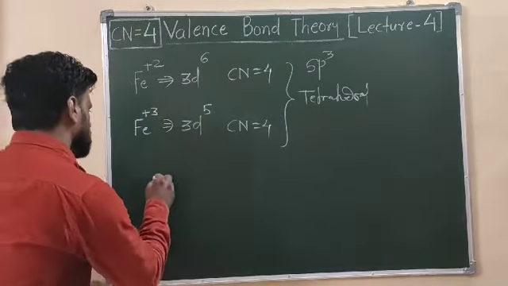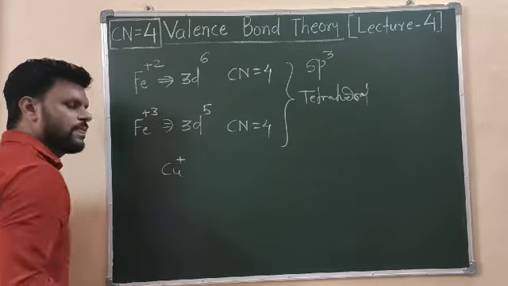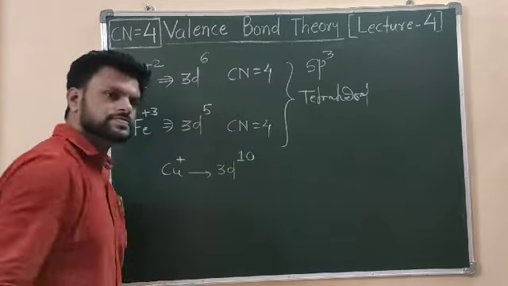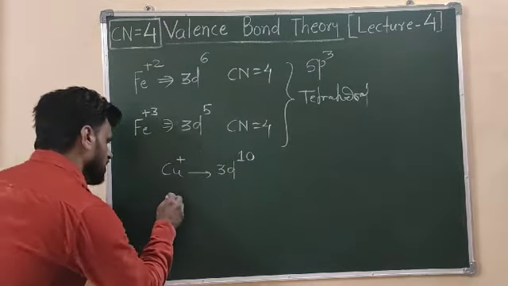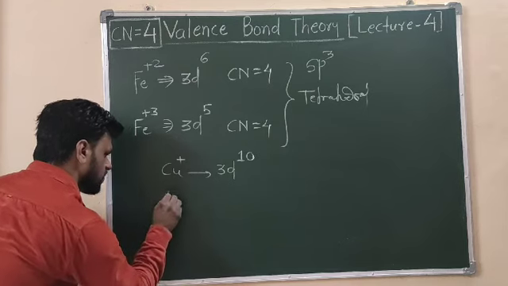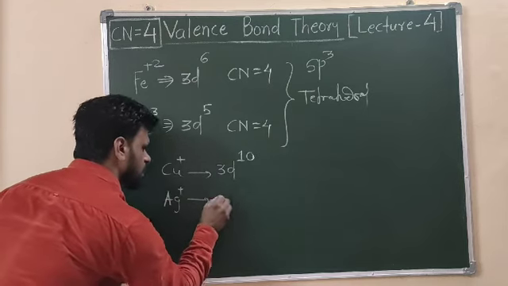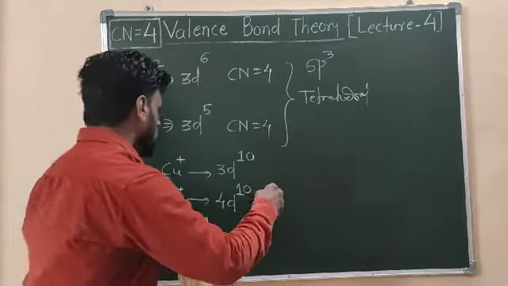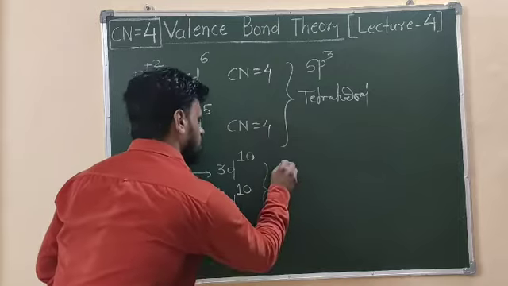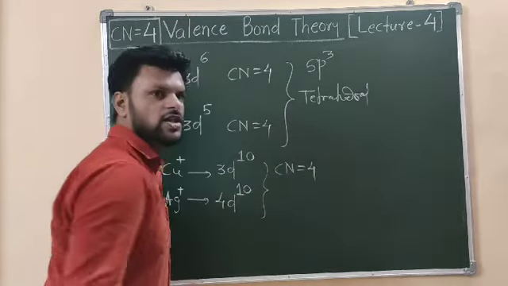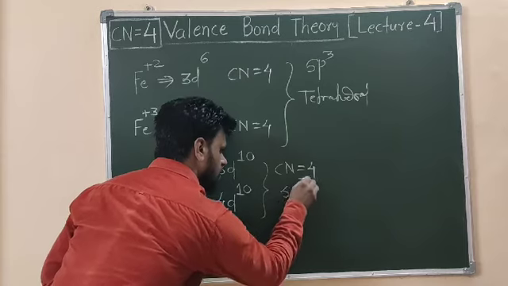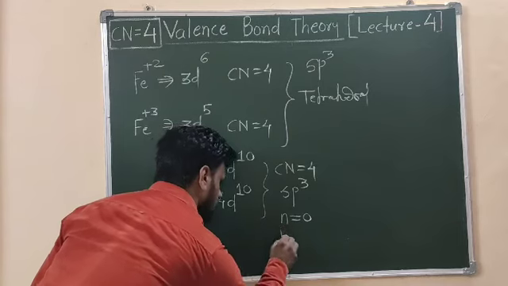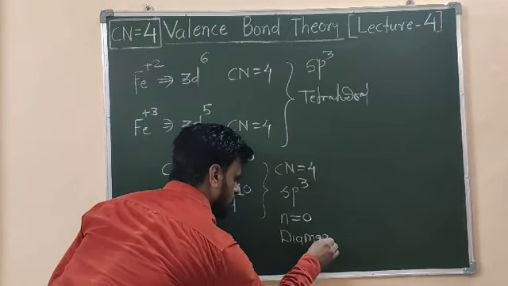Furthermore, remember that the copper plus 1 ion has a 3d10 electronic system. Am I right? Now silver plus 1, sorry, silver plus 1 has a 4d10 electronic system. And for these two ions, it has been found that when we have coordination number 4, this also shows sp3 hybridization and a tetrahedral complex, n is equal to 0, and this is nothing but a diamagnetic complex.